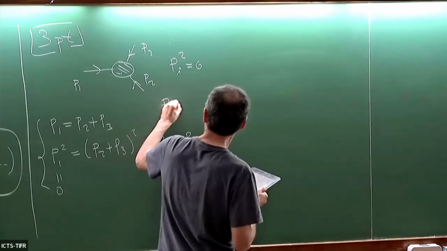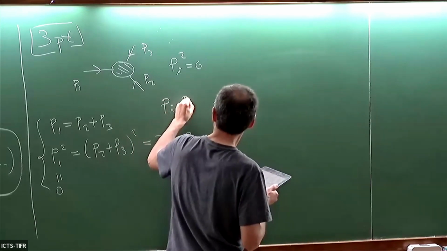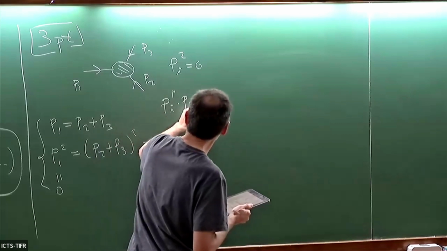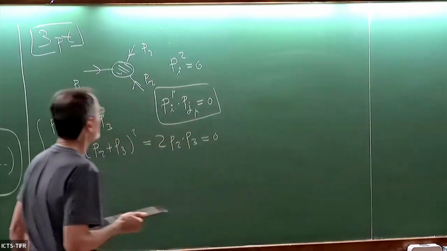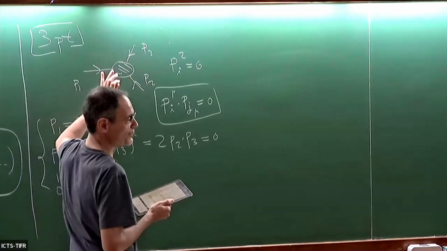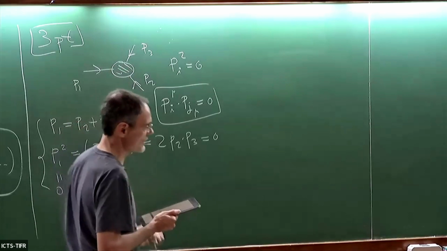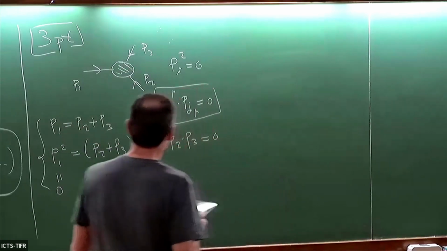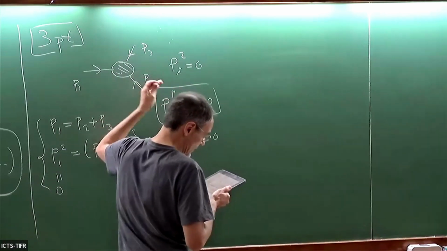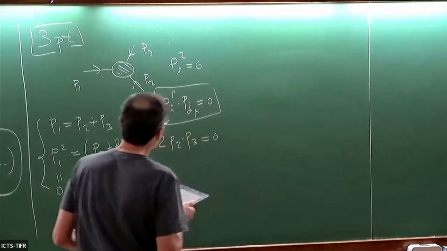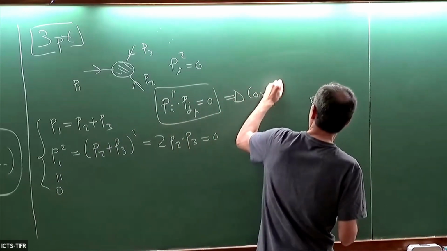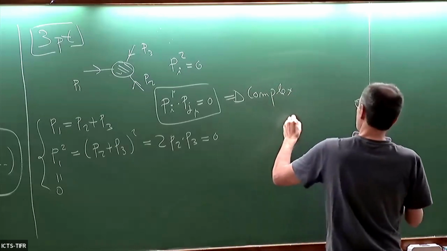All Pi times Pj are 0. These are contractions with mu, let me put it here explicitly. They are not Lorentz invariant here, so this is why for massless particles this does not give you any realistic process. This condition tells you that all should be 0, and the way to avoid this is to go to complex momenta.